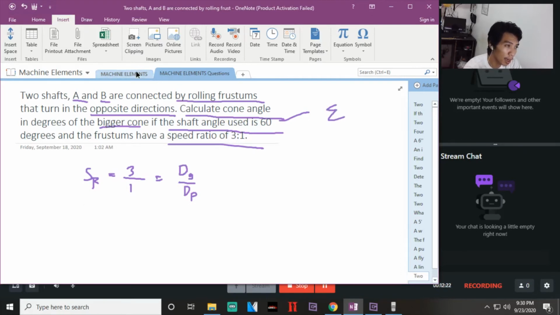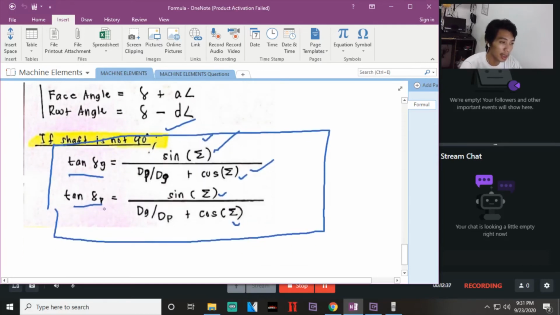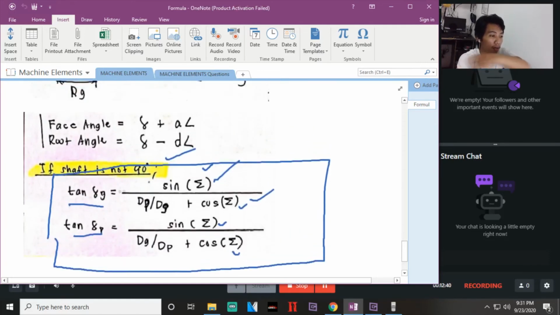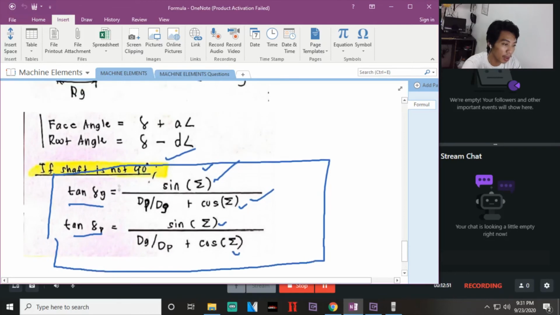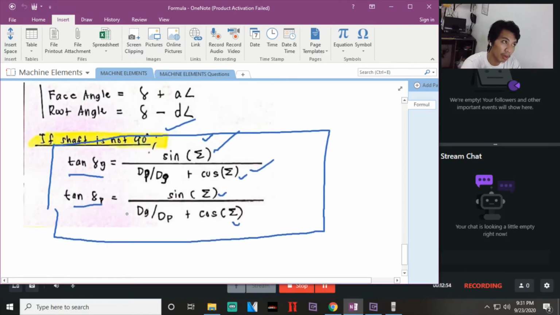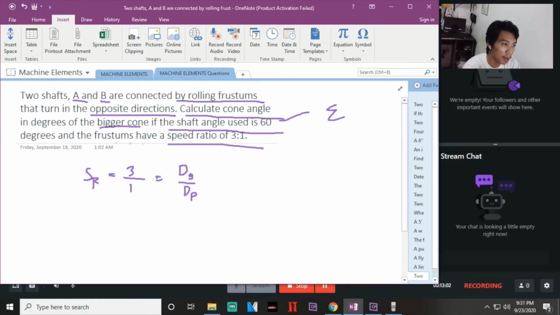Tignan natin dito sa formula, gear over pinion. Baliktad dapat yung SR niya. Ang hinahanap dito is yung cone angle ni pinion, yung mas malaki. Ang hinahanap is the bigger cone, ibig sabihin, the pinion.